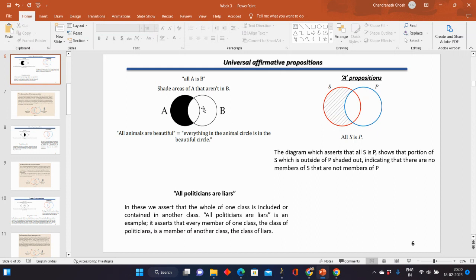But if we look at this, all A is B means whatever area is overlapping, that is the all A, and the rest of the portion is not there, so it is entirely included. So how would I say that?